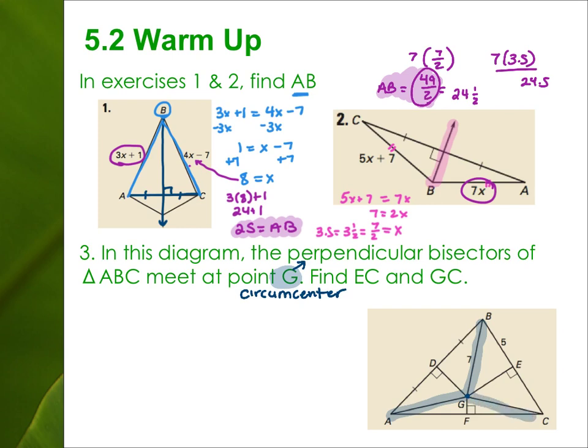So if that is 7, then both GC and AG would be 7. So that's that one. And then EC is equivalent to BE, because if it's a perpendicular bisector, it meets at its midpoint, which means EC is 5.